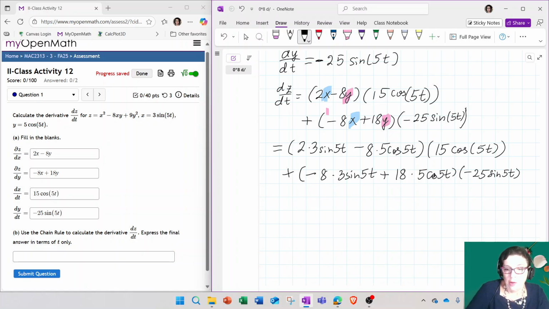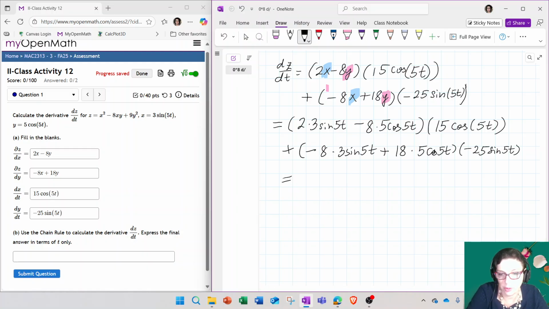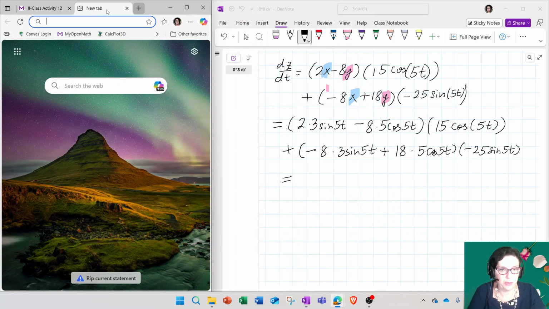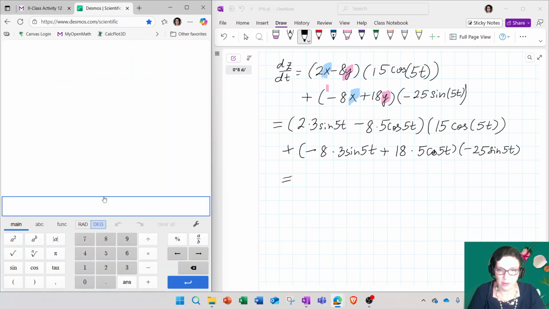If you are up for entering this huge thing into the blank, go for it, because I'm not sure it's going to count it as wrong, but I am actually going to start simplifying this thing. As much as it pains me to do that, I am going to do it, because I'm a strong woman.